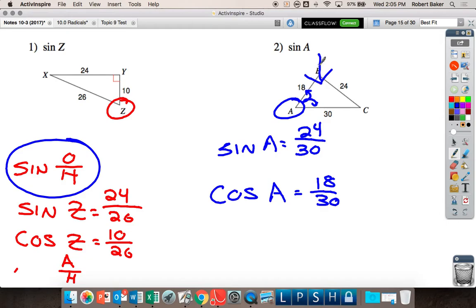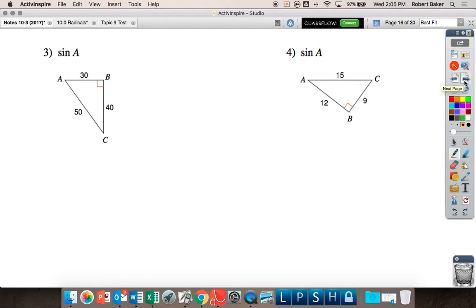All right? So let's try it. You ready? We'll do cosine of A. So A is right here. And we're going to do alien antennas. So we have 30 and 50. 50 goes on the bottom. 30 goes on top.